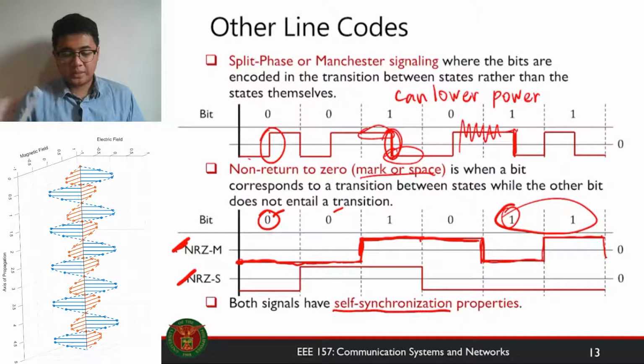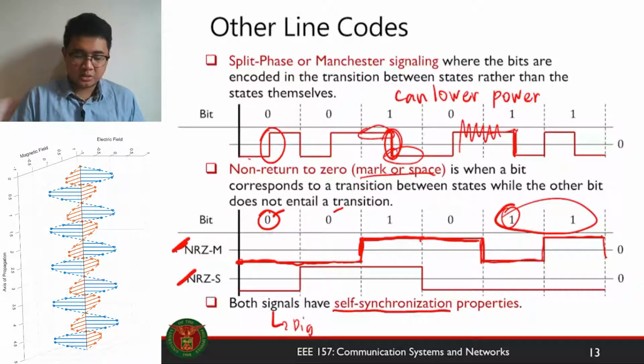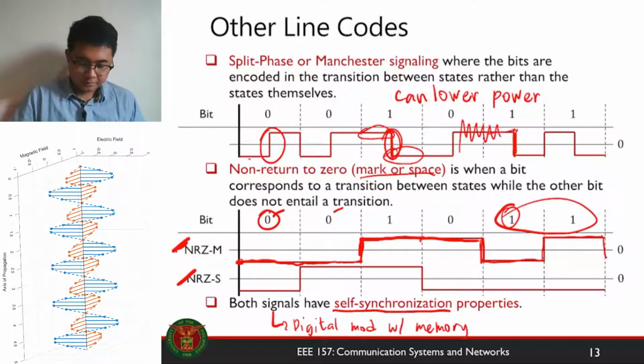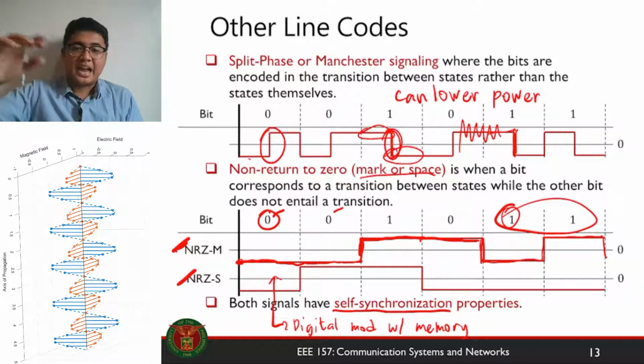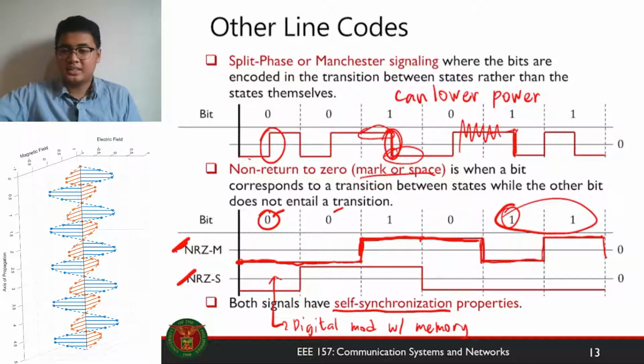So this NRZ mark or space here is what we call a digital modulation with memory. Since it has some form of tracking the different states, the next output is dependent on the past input, and so on and so forth.